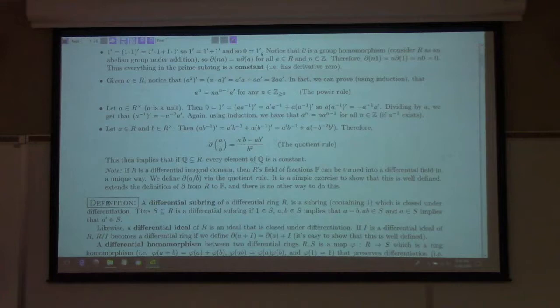Here he assumed that B was a unit. The point is, if you adjoin things being units, and they're subject to the quotient rule, that tells you how to differentiate them. The structure that you build is logical. Again, the field of fractions makes sense as long as we define the derivative of fractions like that. We're already given a differential integral domain, which means what? Commutative with the derivative.